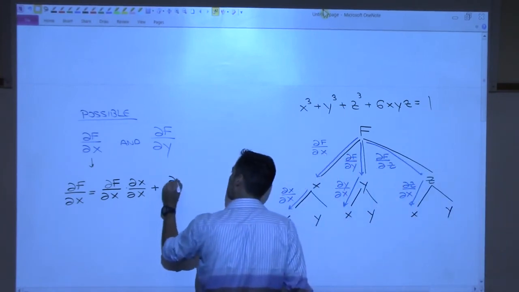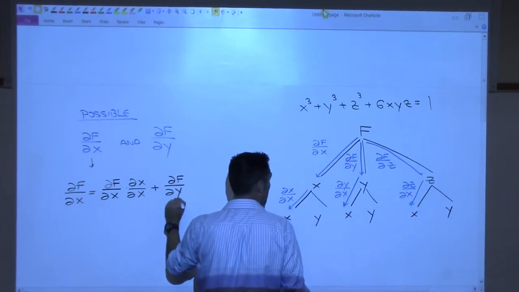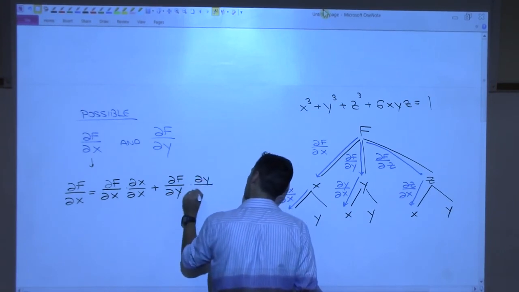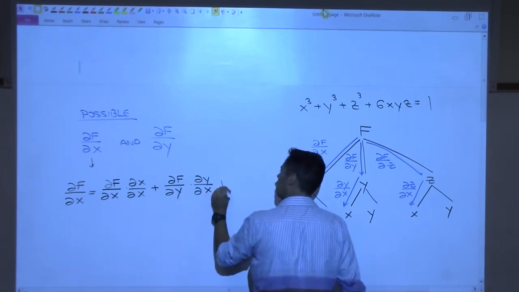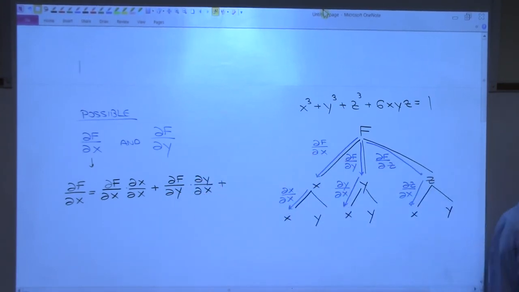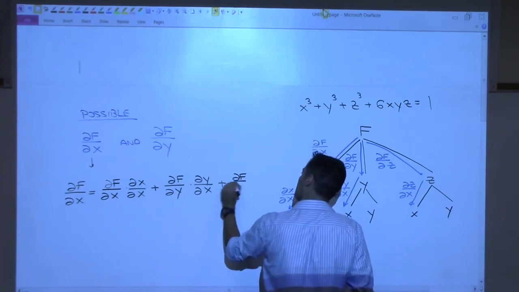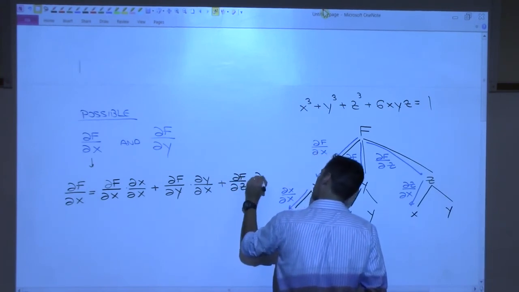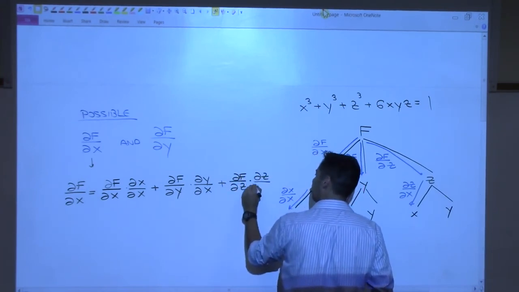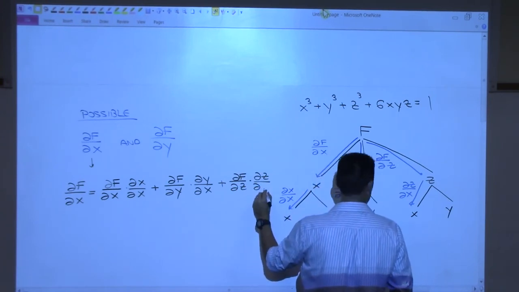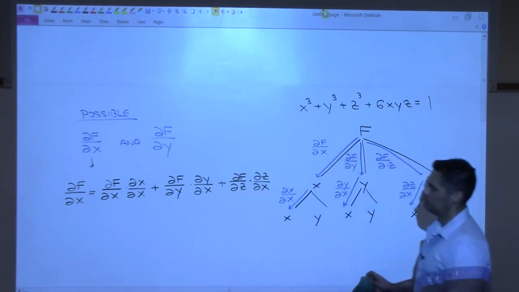Partial f with respect to y times partial y with respect to x plus one more. Partial f with respect to z times partial z with respect to x. Y'all still with me?